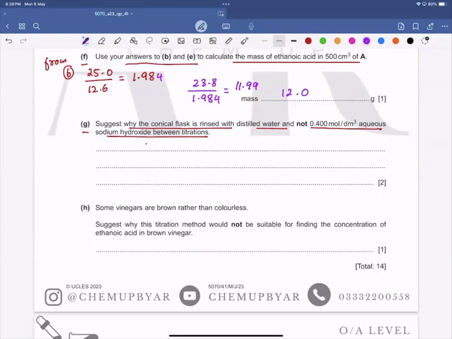So it is rinsed with distilled water to remove chemicals from it.